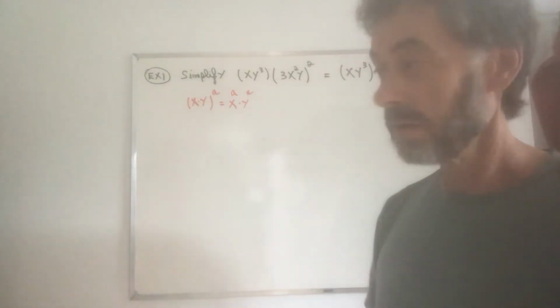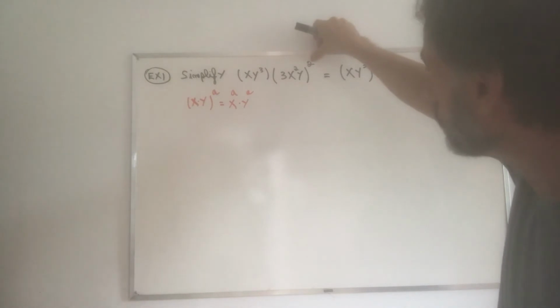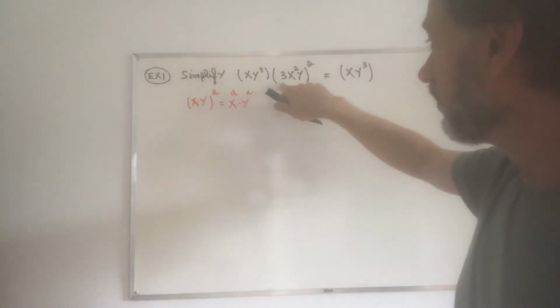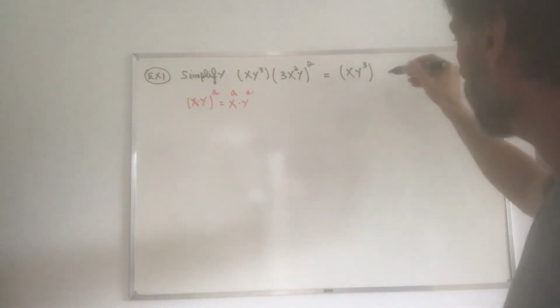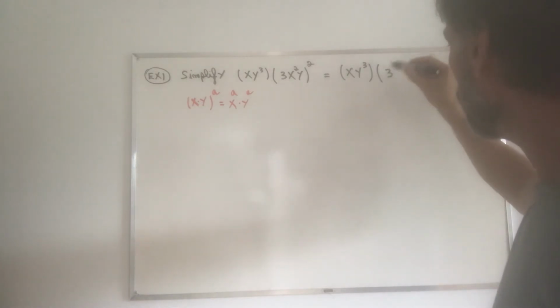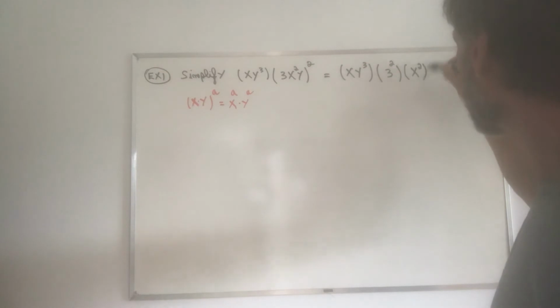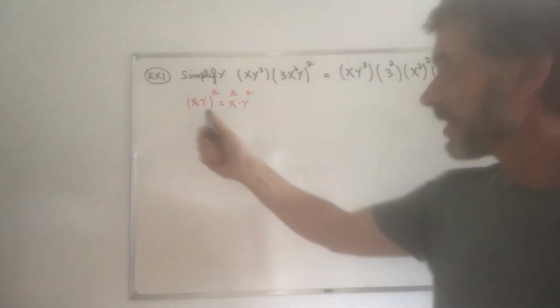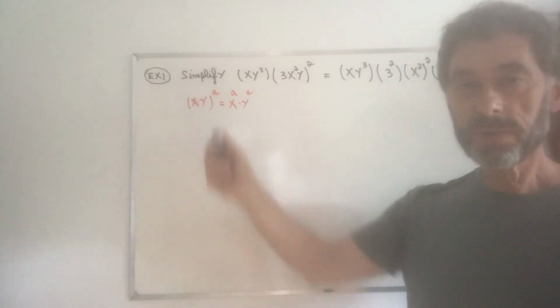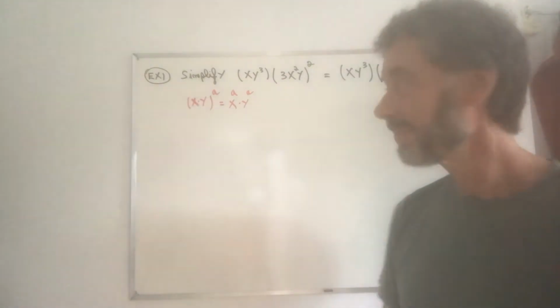Yes? Okay, so that means that I'm going to take my exponent 2, and I have not 2 but 3 terms. So that's going to be 3 to the 2, and then x squared to the 2, and then y to the 2. It's like I'm using this rule, but instead of having 2 terms, I have 3.